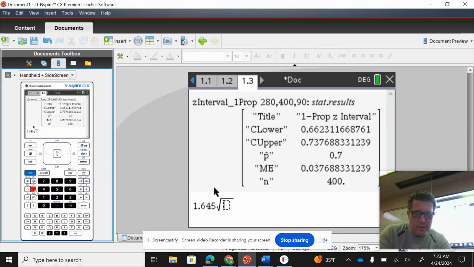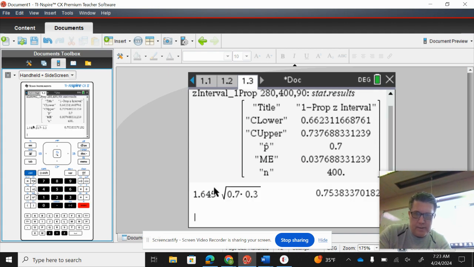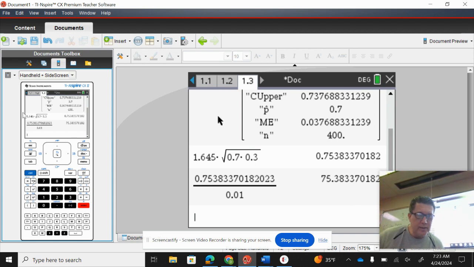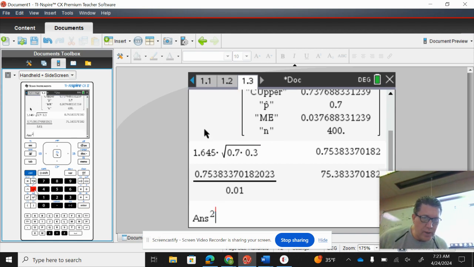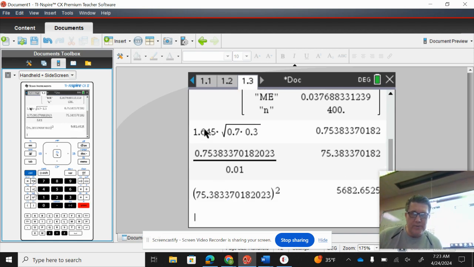Square root 0.7 times 0.3. We'll divide that by 0.01. All right, 75. And then we're going to square that because that gets us the square root of n. So this is the case where you always bump it up.